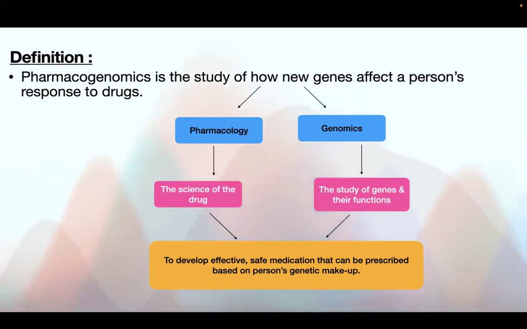So pharmacogenomics and personalized medicine are interlinked. I think the definition is clear: pharmacology, the science of the drug, and genomics, the study of genes, to develop effective, safe medication that can be prescribed based on an individual's genetic makeup. And when it all combines, it makes the term pharmacogenomics. I think it is clear.